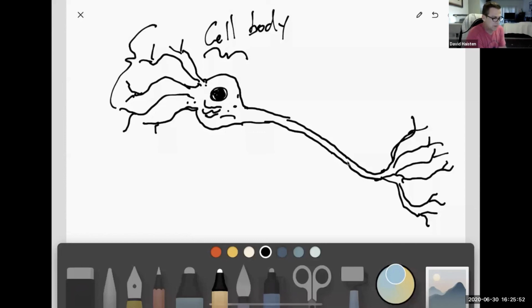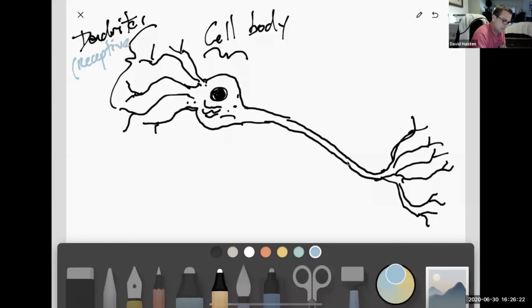Over here, these are called dendrites, and these are typically going to be the receptive regions of the neuron. They receive a signal, and the neuron's going to get excited. This long one I drew coming out, this is called an axon.